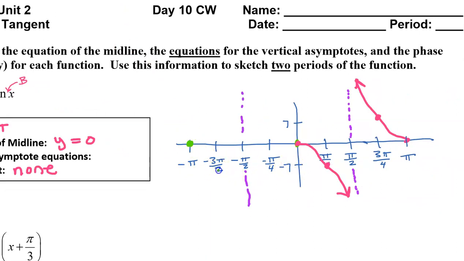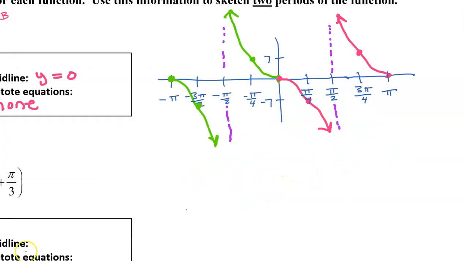So I'm going to have a point here at negative 7. So here I am decreasing. And then at this 1/4 period, I will have a point at positive 7 so that the function will be decreasing. So this is what 2 periods of the tangent function will look like.